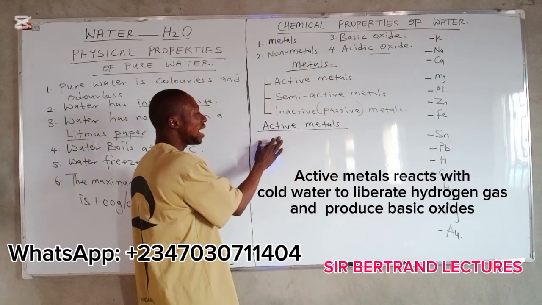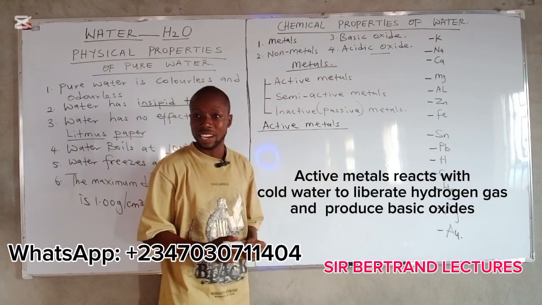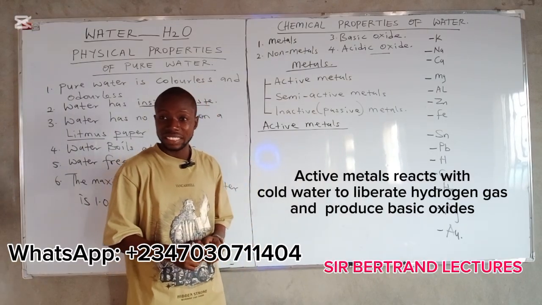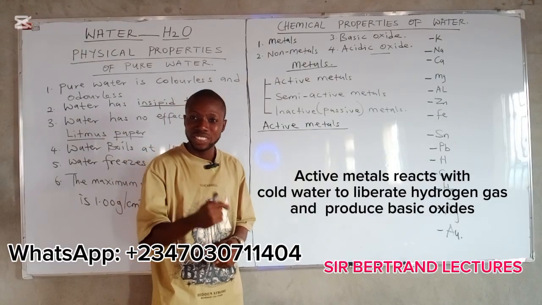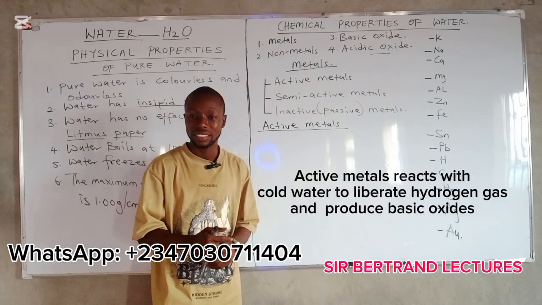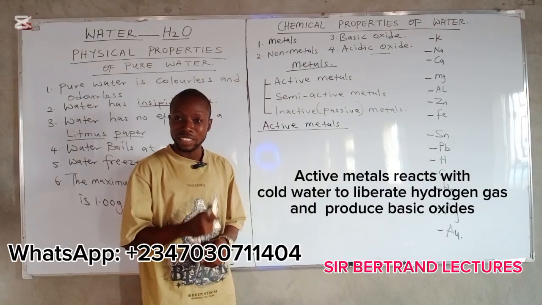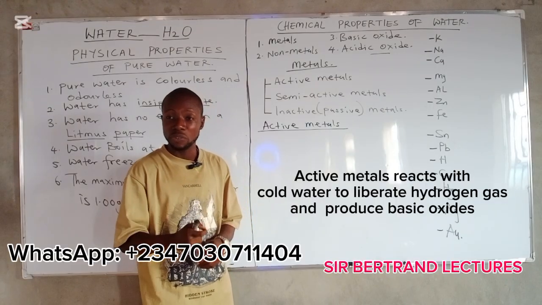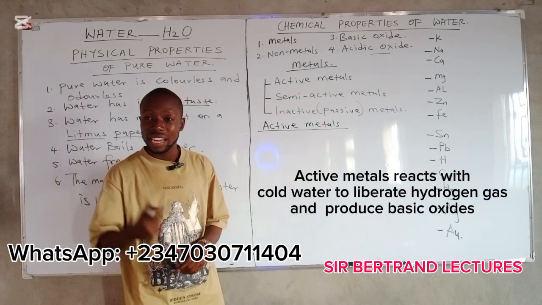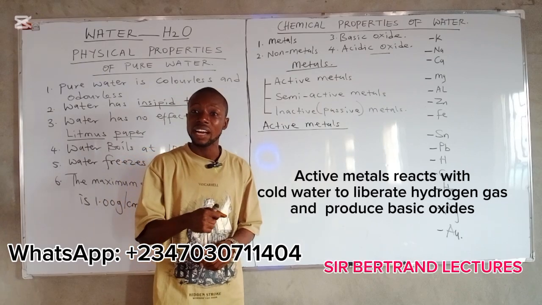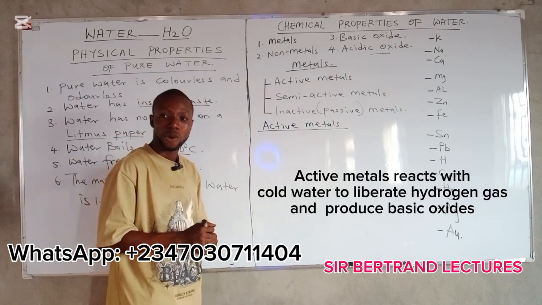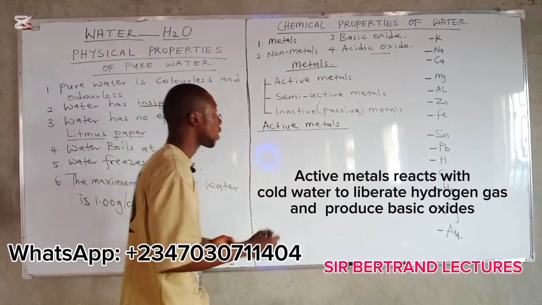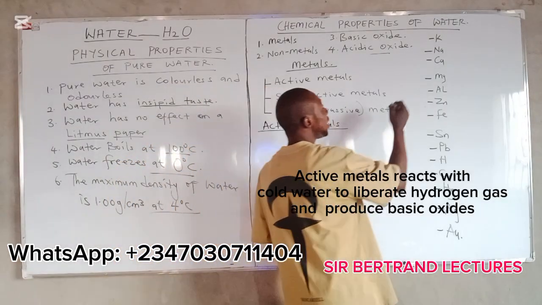Active metals are those metals that are highly reactive, which when they react with water liberate hydrogen gas. Do you understand? Active metals displace hydrogen in water in the form of gas and produce basic oxide. Do you understand?